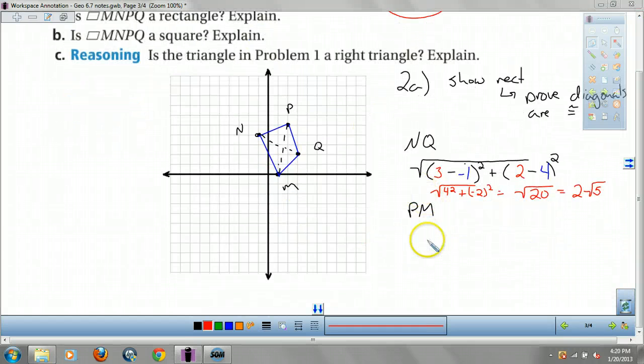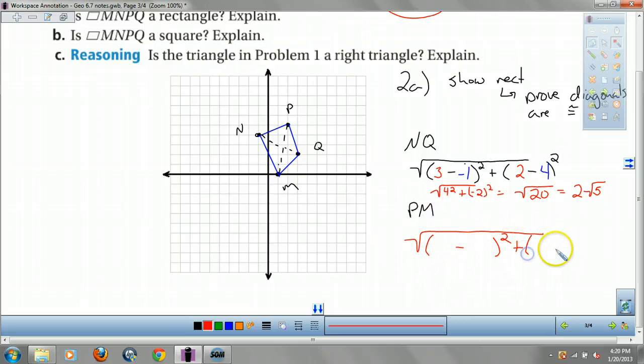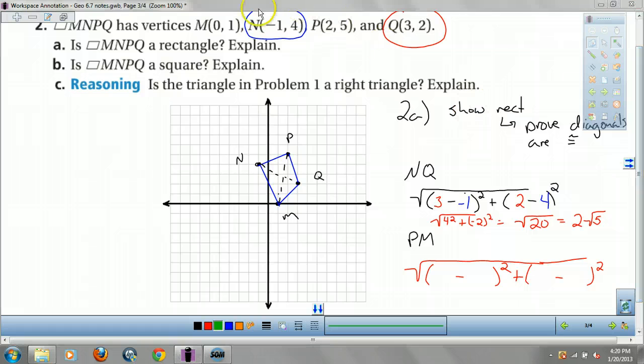Now let's find PM. Oh, I'm using red. Okay, we'll do M in green and P in black. So P is (2, 5) and M is (0, 1).